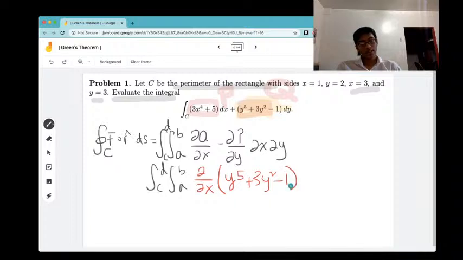Okay, and I'm going to subtract, the most fundamental mistake, partial y of p, and p of course being 3x to the 4th plus 5. I'm going to give the audience some time to go ahead and compute that, but while they're doing that, let me just put in my dx dy.